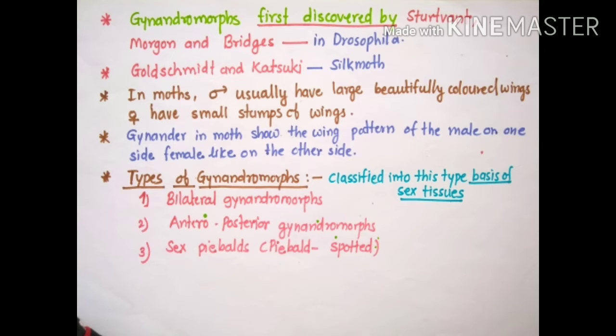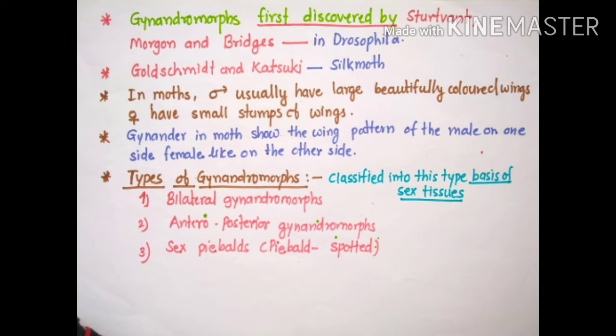This is about Gynandromorphs. After that, we discuss who discovered Gynandromorphs. Gynandromorphs were first discovered in Drosophila by the scientists Sturtevant and Morgan and Bridges. These three scientists first observed them in Drosophila.